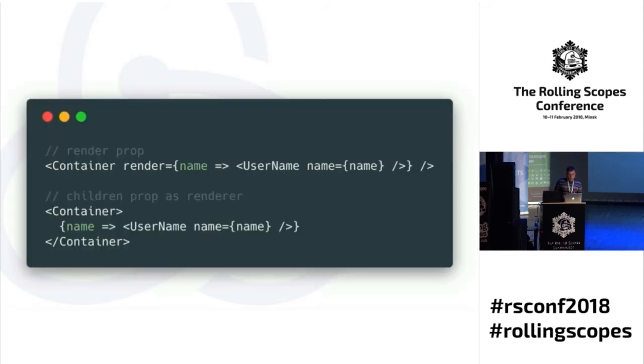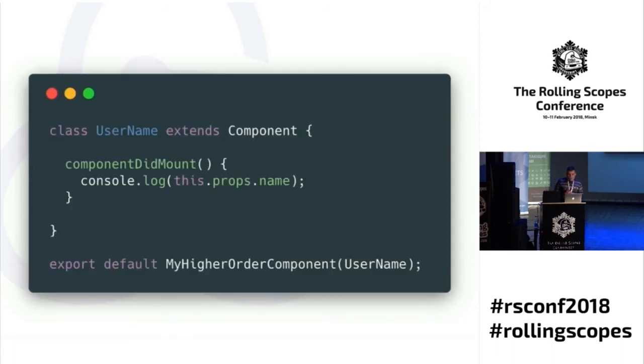He says a component with a render prop or children prop as a renderer can do anything a higher order component can do, and even more. Again, it's not something new for us. Such libraries as React Motion have already used this approach. And the reason why he started talking about it is how we all use higher order components.